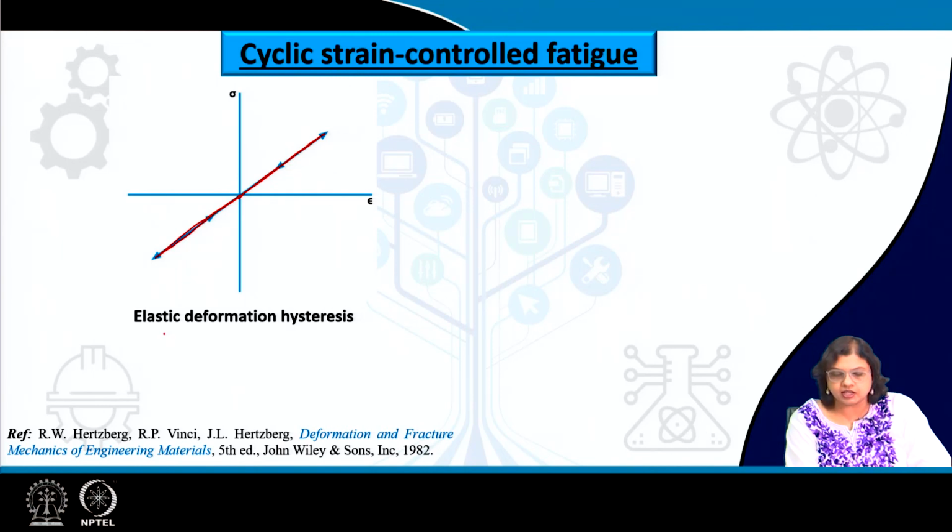So, this is typically the elastic deformation hysteresis, which is nothing but a straight line, but things will change if we are applying stress higher than the yield strength of the material.